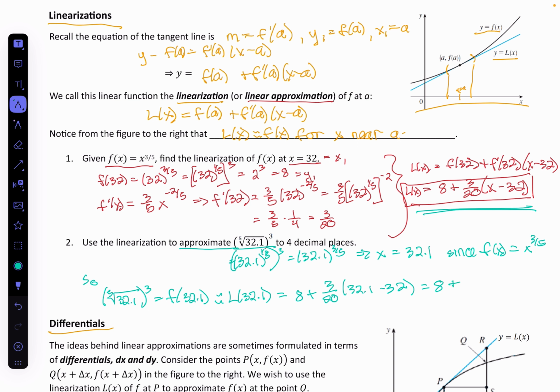So we have 8 plus 3/20 times 0.1. And if we find our decimal approximation, we get exactly 8.015. But the problem says to do it to 4 decimal places, so we'll just go ahead and add a 0 there. So what we ended up getting then was the 5th root of 32.1 cubed is approximately equal to 8.0150. And that wraps up our solution for number 2.